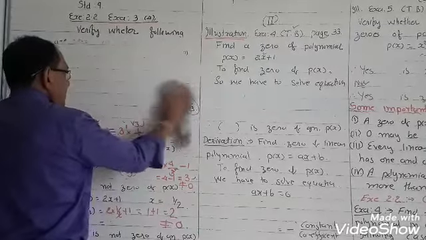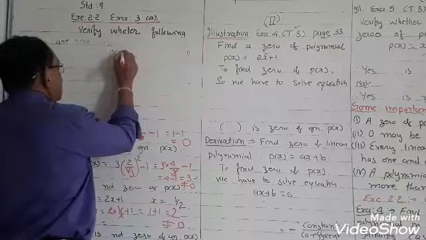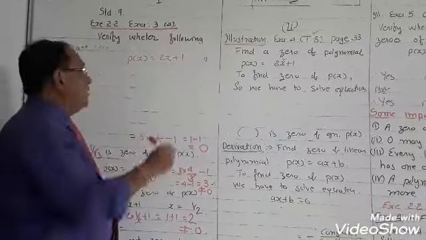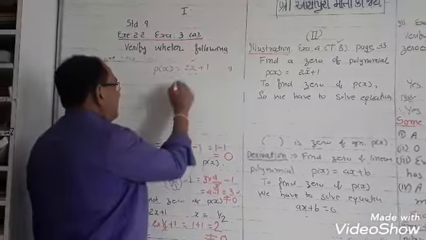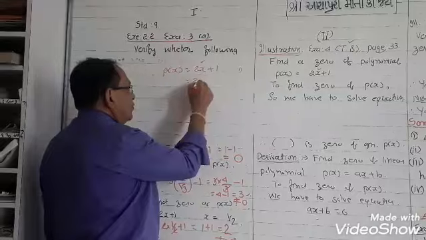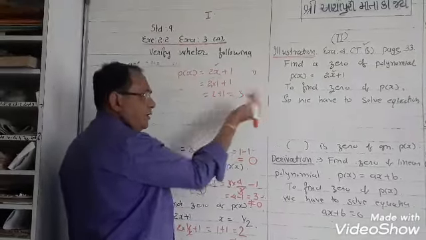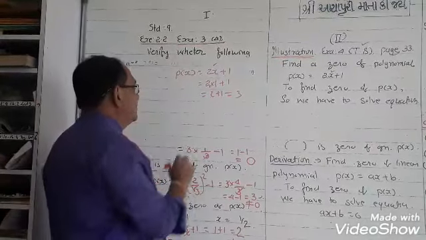Now put the value of x such that it becomes 0. Suppose I put 1. 2 into 1 plus 1, 2 plus 1 is equal to 3. We did not get 0. So it is not 0.